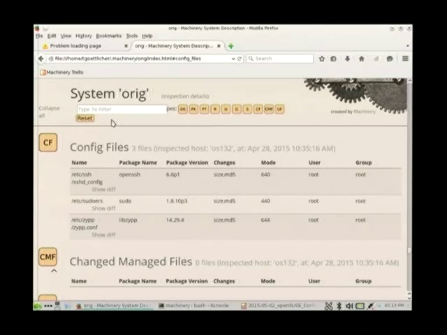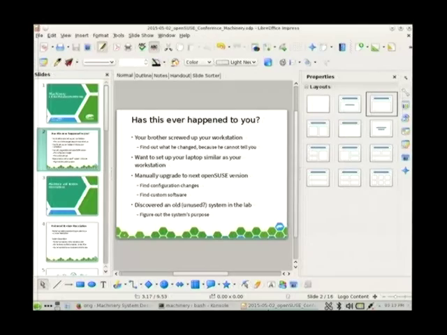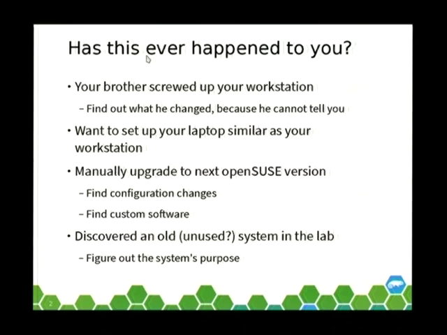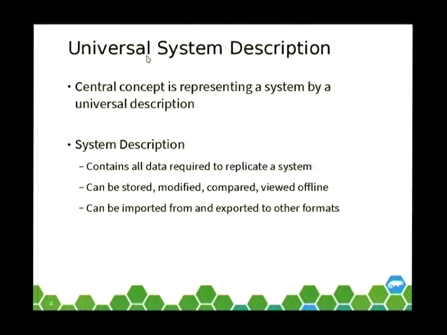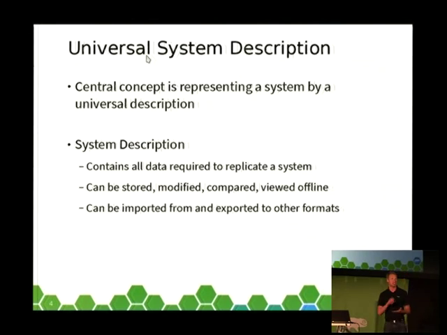I used the term again and again, so let's have a look at what system descriptions are. Let's go back to the slides. So system descriptions are the essential central part of all the workflows.